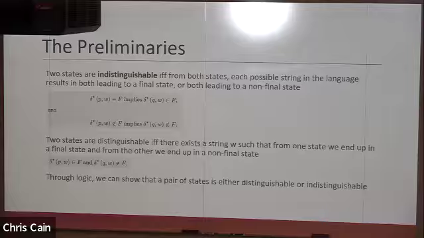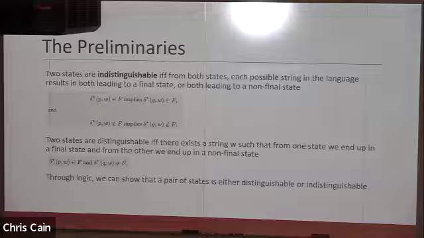Identify one thing, versus show a property for an infinite number of things. Identifying the one example is going to be much easier. So even though what we really want to find are states that are indistinguishable, because those states can be combined, we're going to be attaching ourselves to the easier question, distinguishability.